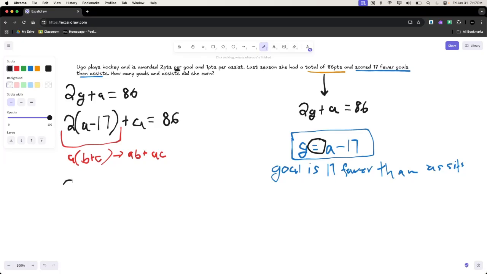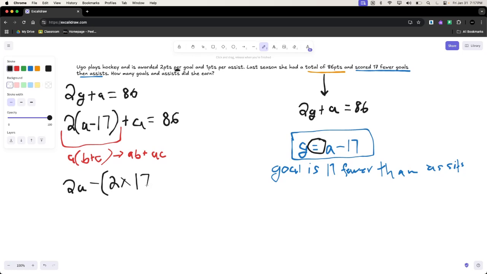Well, it's going to be 2a minus, in our case. We use plus in the example, but in our case, the operation is a minus. So 2a minus, and then I'm going to put parentheses again, and this is just going to be 2 times 17.